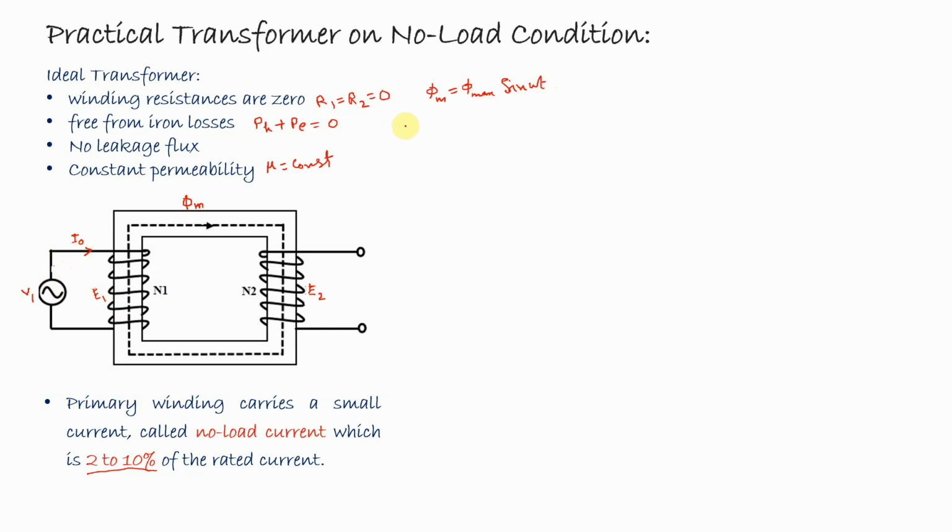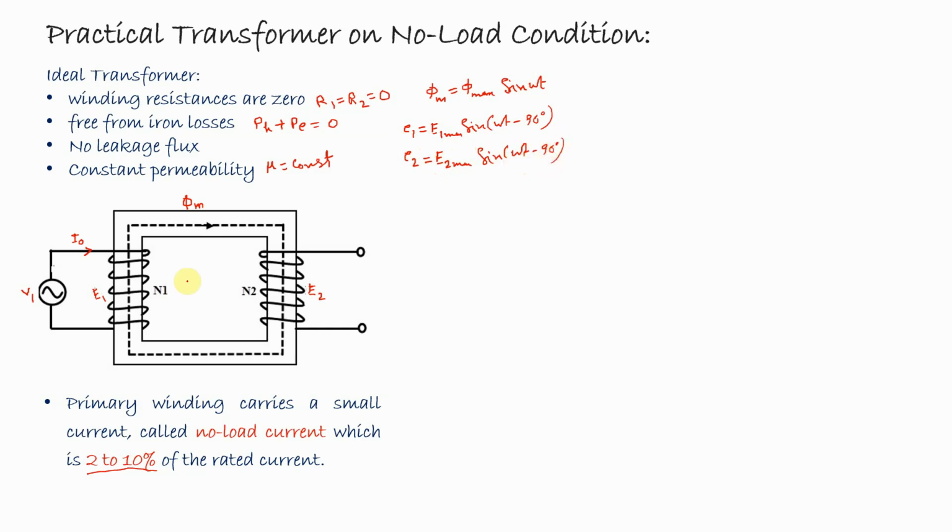The corresponding EMF induced in the primary is E1 max sin(omega t minus 90 degrees). This is the expression. Similarly, the expression of the EMF in the secondary winding is E2 max sin(omega t minus 90 degrees).